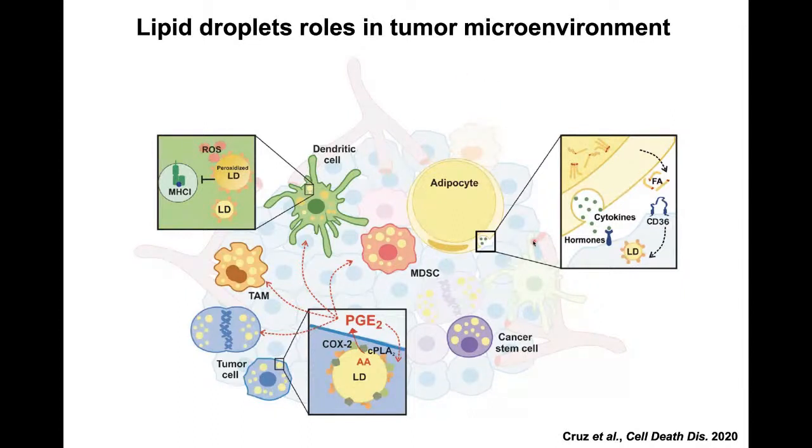That includes the signaling from adipocytes, with cytokines such as leptin, and also fatty acids and other hormones, to induce lipid droplet formation in cancer cells, and also the importance of inflammation, where the lipid droplets can directly produce PGE2, not only in inflamed cells inside of the tumor, including tumor-associated macrophages, but also in the signaling that induces cancer cells to proliferate.